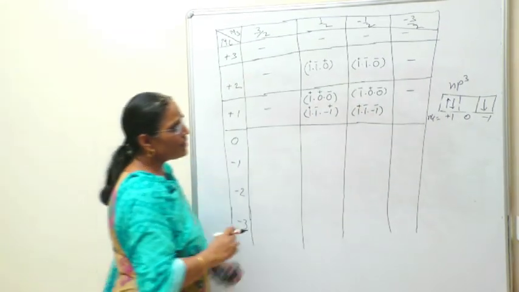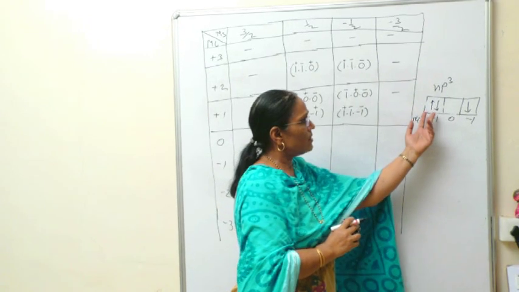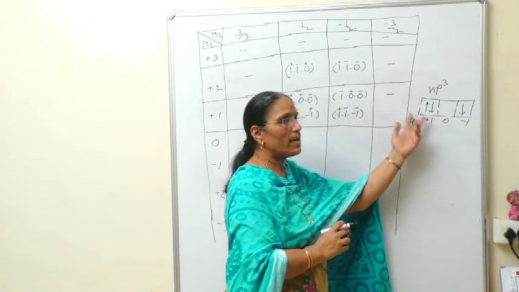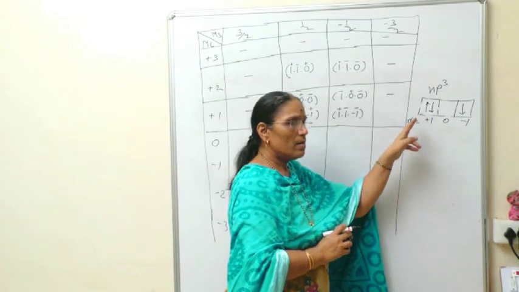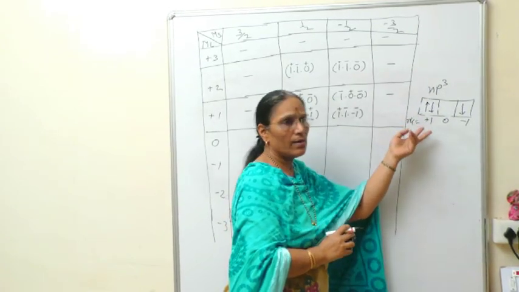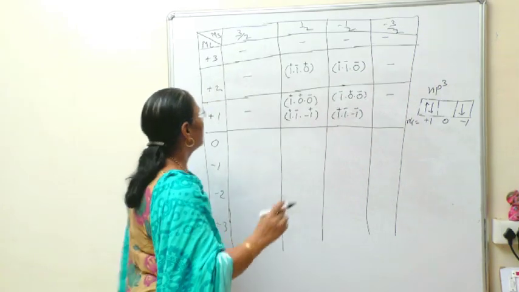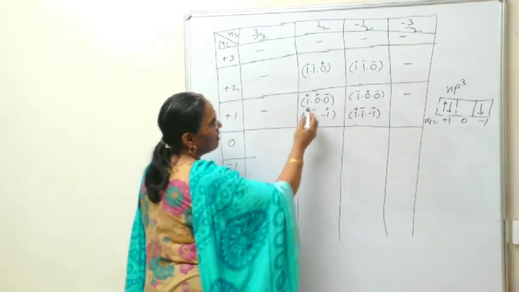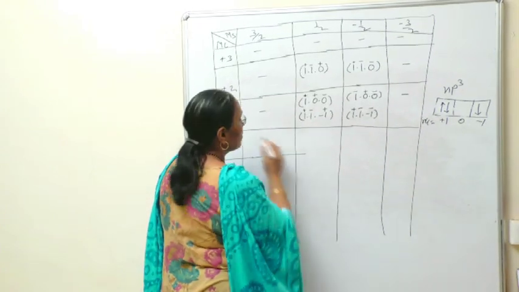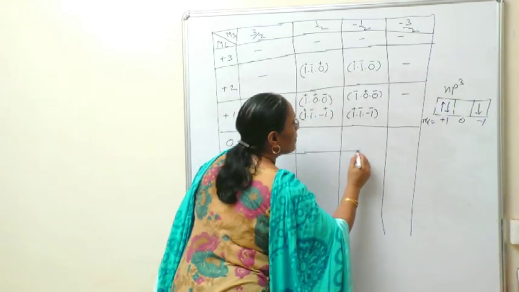We cannot change these two electrons. The two electrons in the same orbital are equivalent, and therefore whether the first electron is plus or the second electron is plus, it doesn't matter. So in this way there are a total of 4 microstates for the ml value of plus 1.